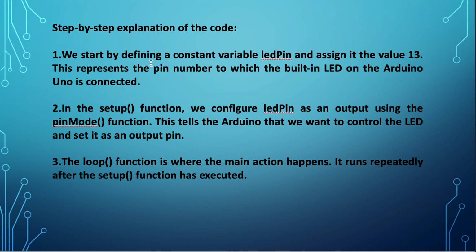We start by defining a constant variable. All right, this is the constant variable we talked about, and assigned it the value 13. Value 13 means pin number 13 in the Arduino Uno IDE, right? Remember, when starting, we select what kind of Arduino board we are going to use. So we have to remember that we have to do those things first before starting the project.